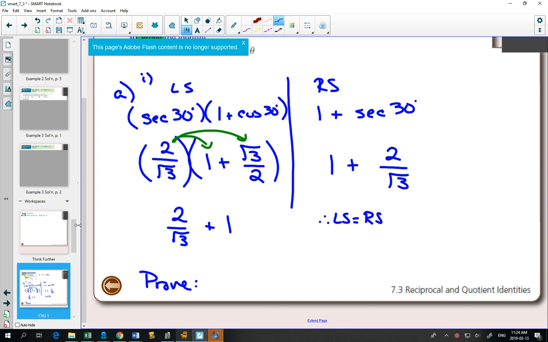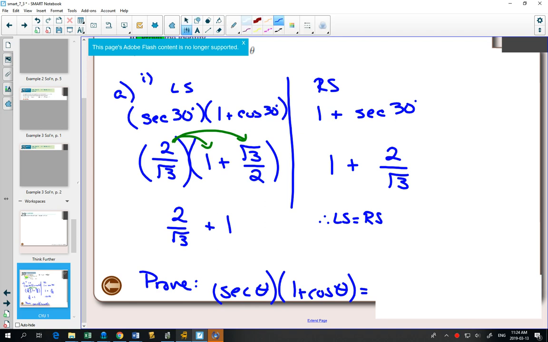If I wanted to prove it, again, I would write out the original equation, secant theta times 1 plus cos theta equals, and on the right side I had 1 plus secant theta.